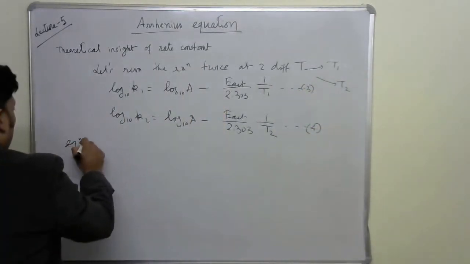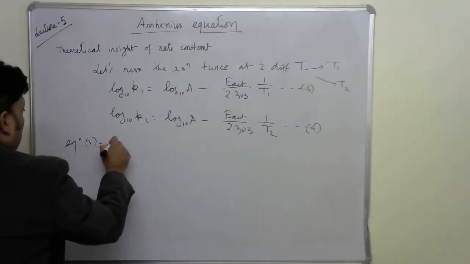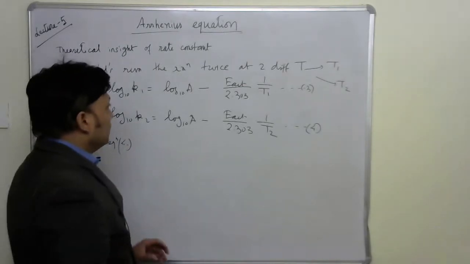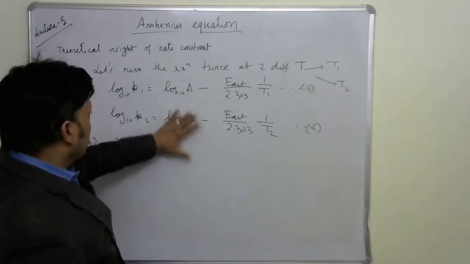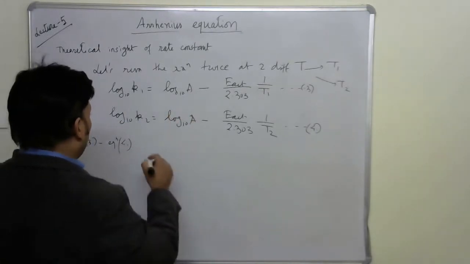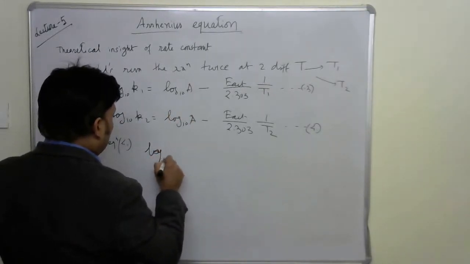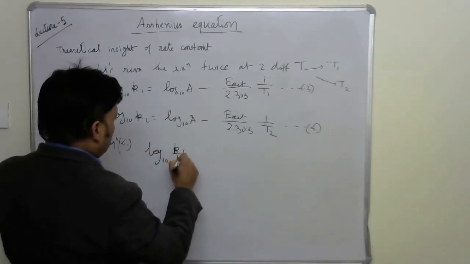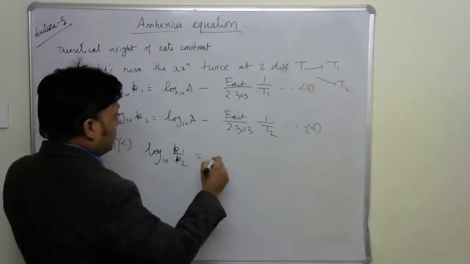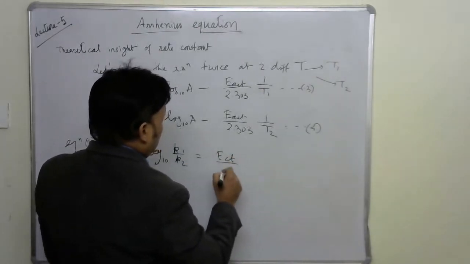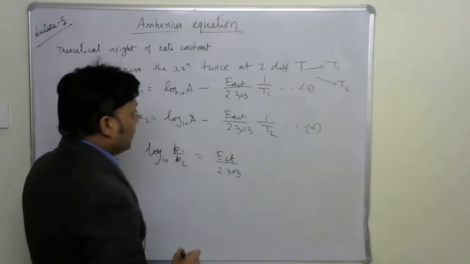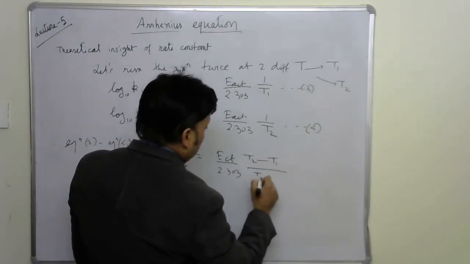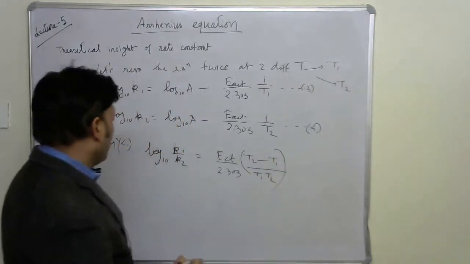So if we do equation 3 minus equation 4, then this part will cancel out, and therefore we have log to the base 10 of k1 by k2 is equal to E_act divided by 2.303 R, and then we have T2 minus T1 divided by T1 multiplied by T2.